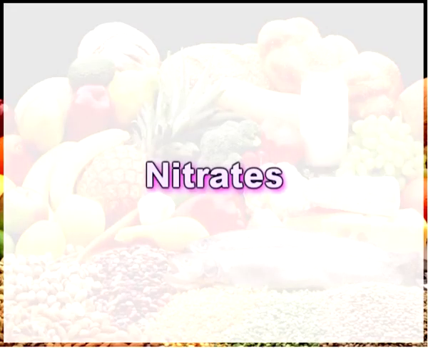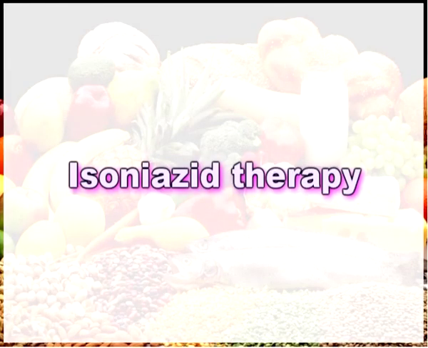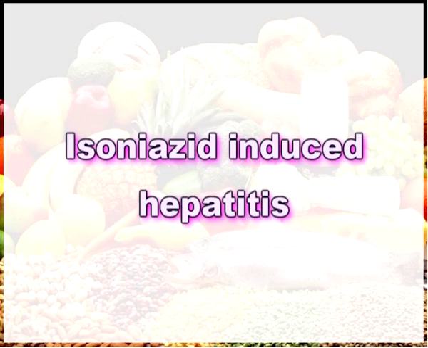Now, interaction of nitrates with alcohol. Nitrates prevent angina by relaxing the blood vessels and improving the blood and oxygen flow to the heart. Alcohol may add to the blood vessel relaxing effect of nitrates and lead to dangerously low blood pressure. Chronic alcohol consumption while on isoniazid therapy may carry an increased risk of developing isoniazid-induced hepatitis.